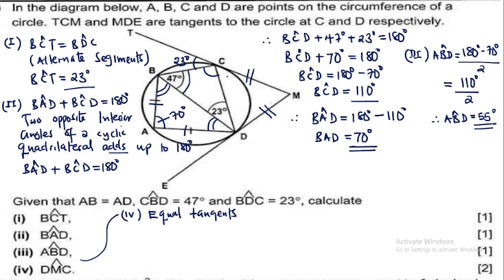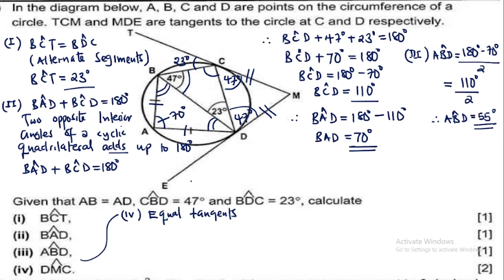It is also equal to this angle here, they are also alternate segment. So if this is 47, that makes this also 47, because the two angles should be equal due to the fact that the line CM is equal to the line MD.